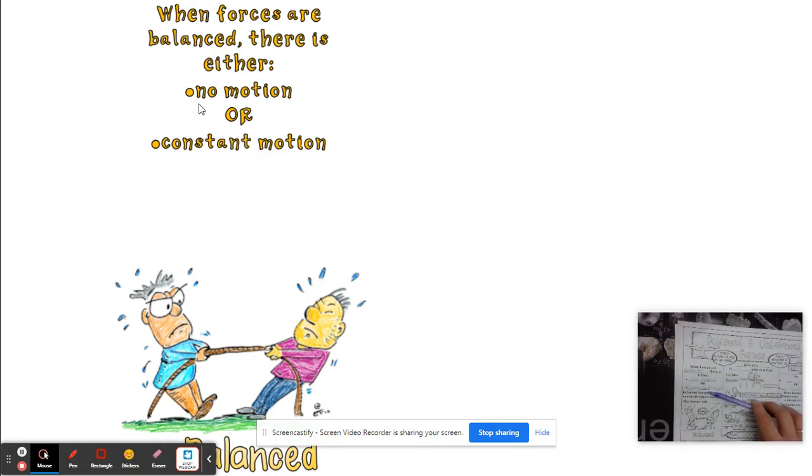Constant motion looks like a car going down the road on cruise control at 60 miles an hour, and it's staying at 60 miles an hour. That is also called a balanced force. It is traveling at the same speed, okay? So remember, balanced can be perfectly still or moving at the exact same speed.